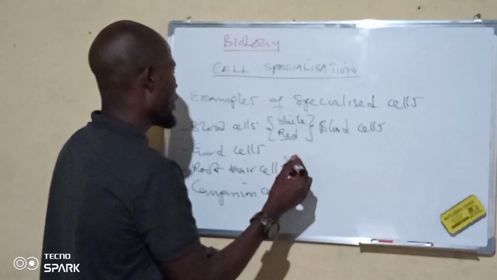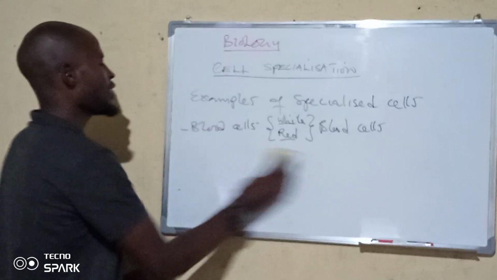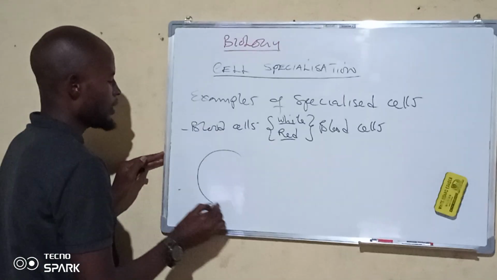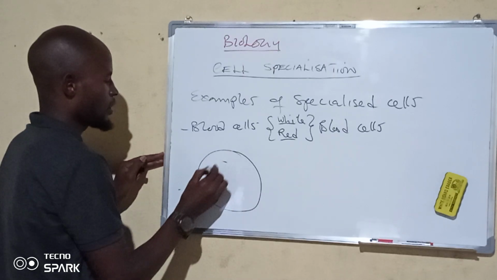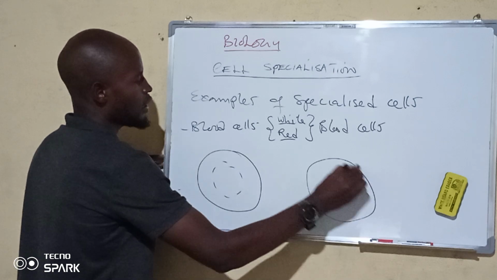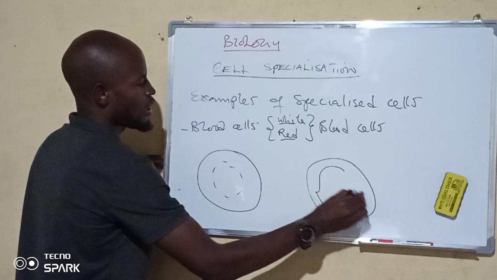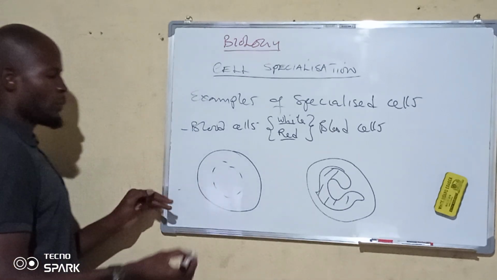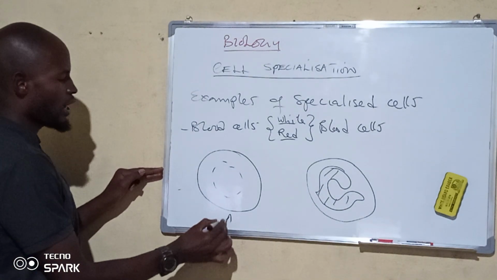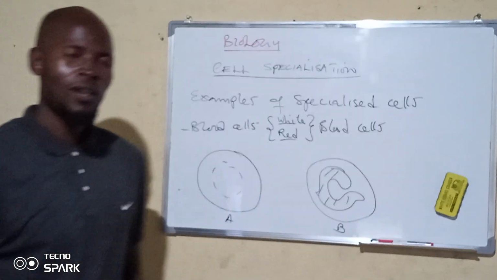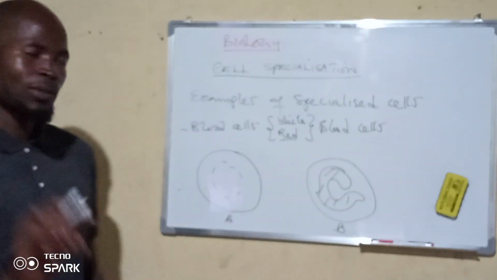When we look at these cells in particular, we have this cell which looks like this, and then a cell which looks like this. There is a difference between cell A and cell B, so we can identify them by looking at their structures.